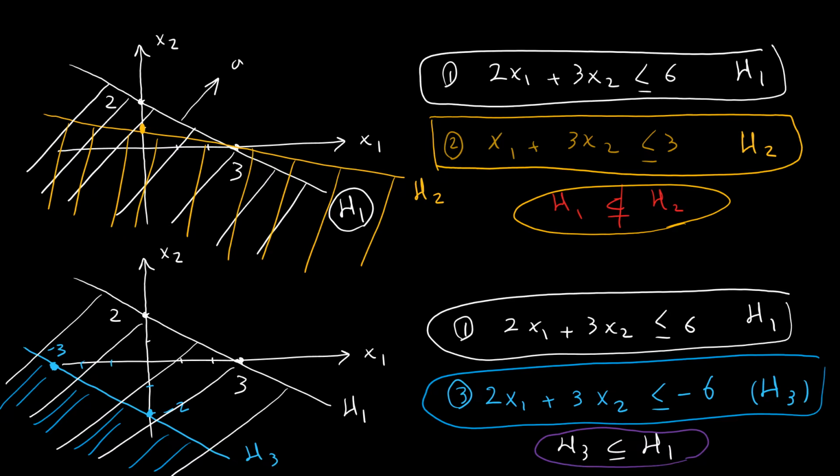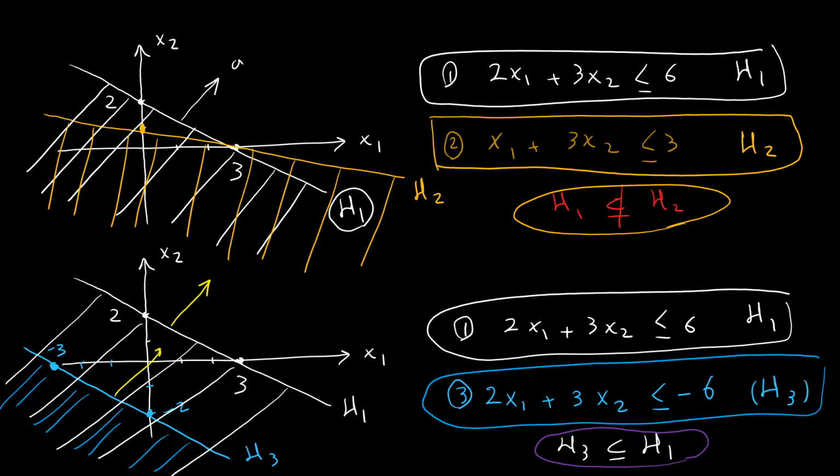But what is special about the second case, where one half space is contained in another one, is that if you draw A for one of them, A for this one is going to be this, and A for the other one is going to be the same.